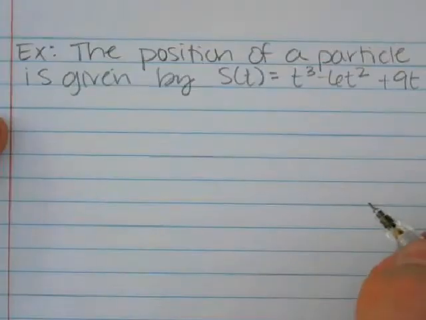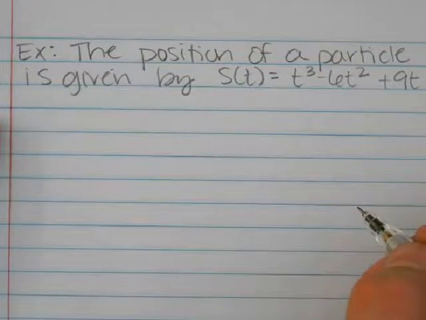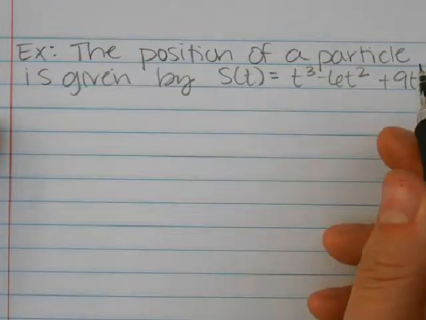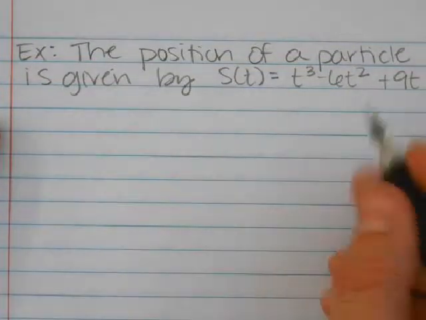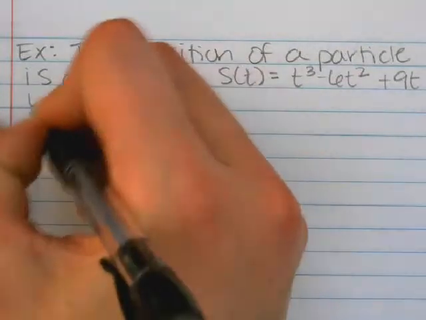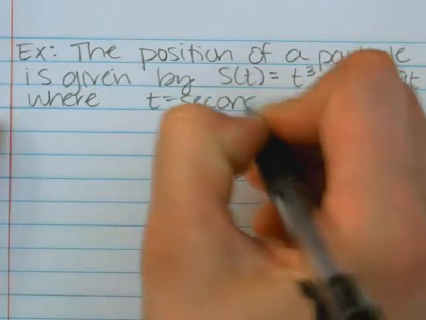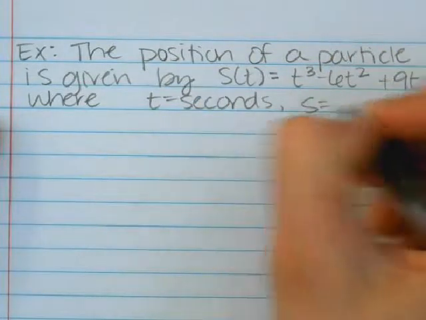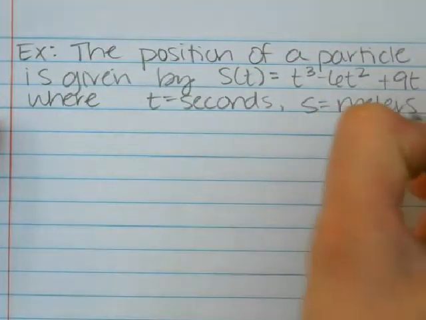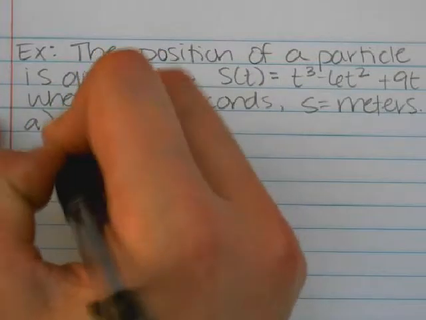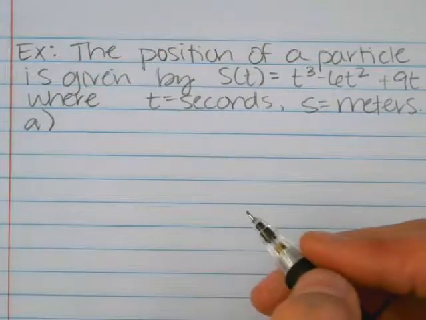So the position of a particle of what? I don't know, dust or paint or something. The position of the particle is given by this equation, where t is in seconds and s is in meters.